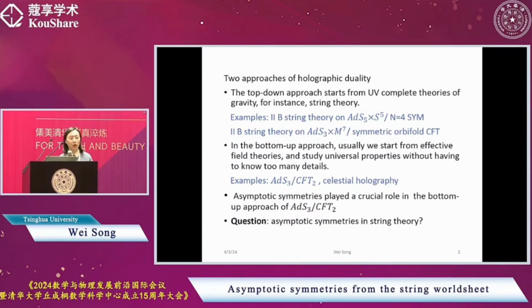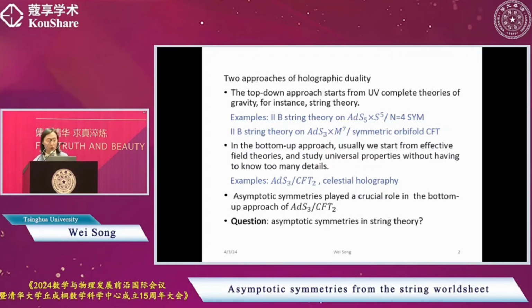And you can also, in principle, define the quantum field theory, where for both sides of the duality, you can do real calculations and many checks, and see whether the duality is right or wrong.